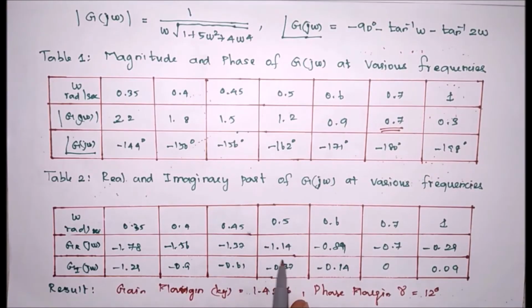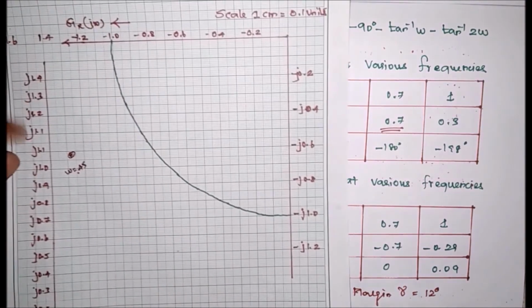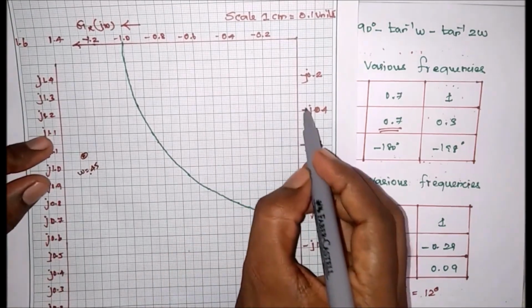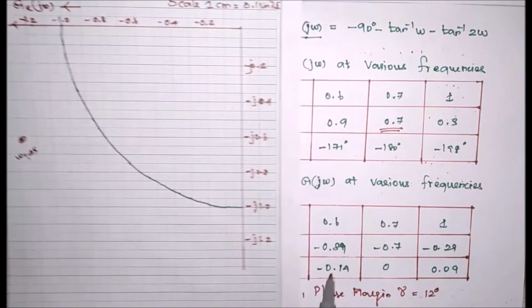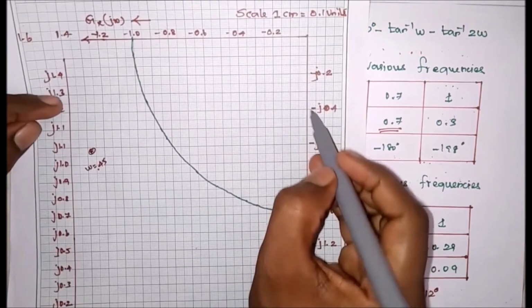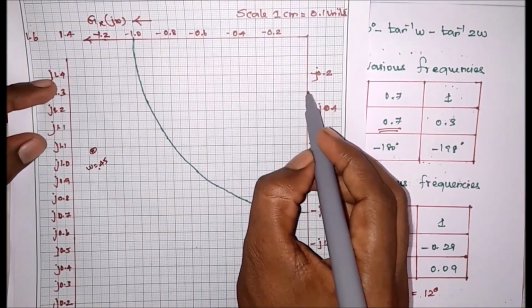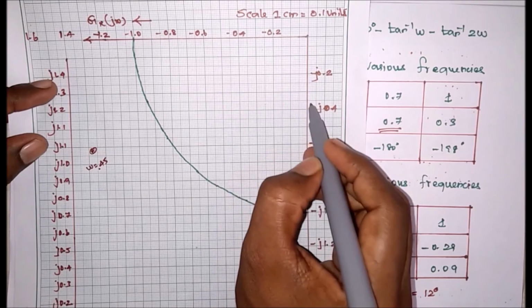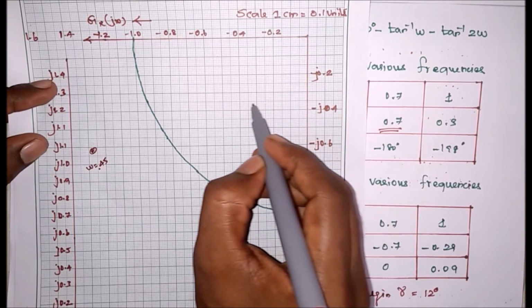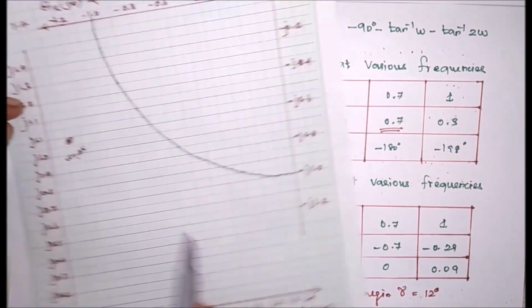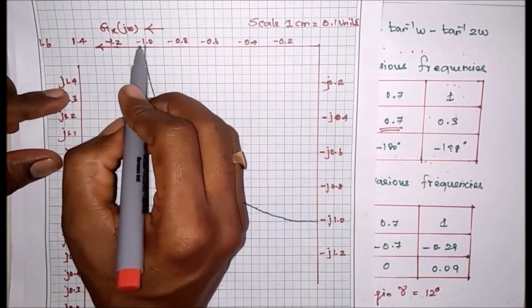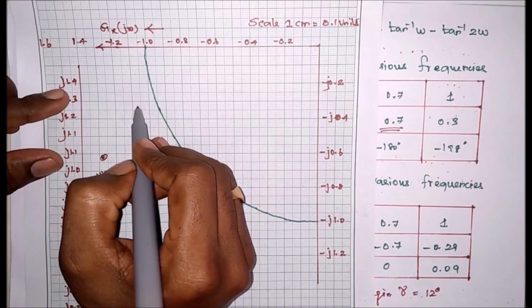Next, for omega equal to 0.5, real part equals minus 1.14, imaginary part equals minus 0.37. So minus 1.14 on the real axis, and minus 0.37 on the imaginary axis will be here.